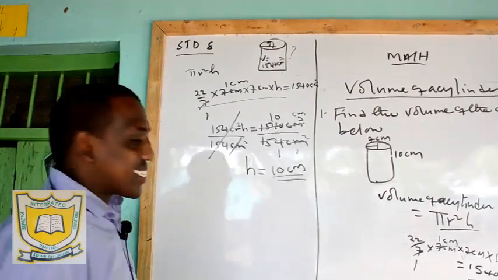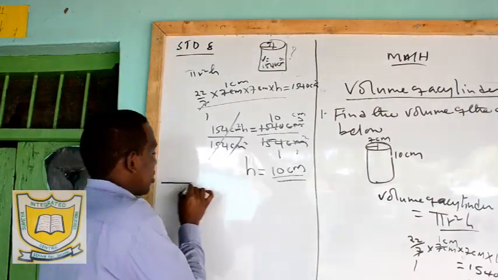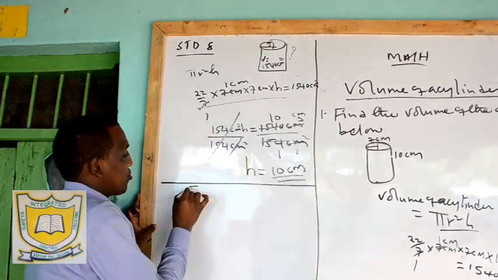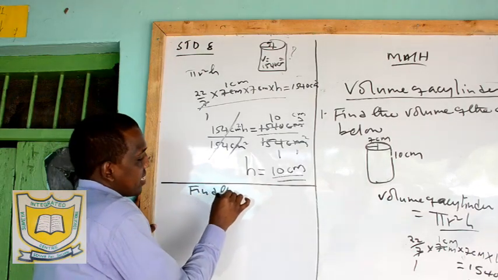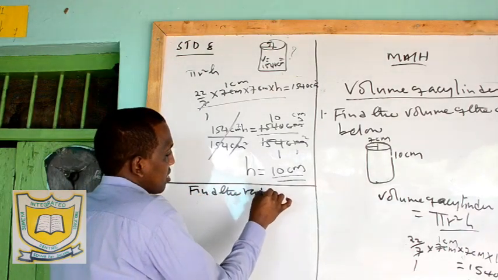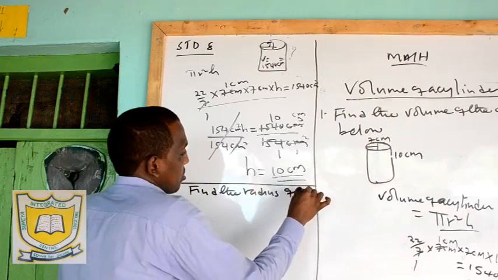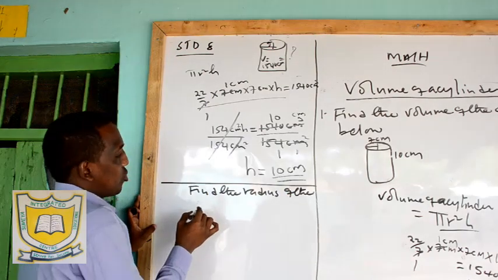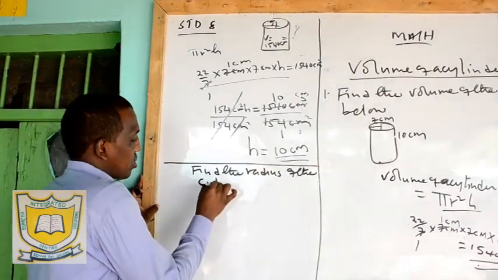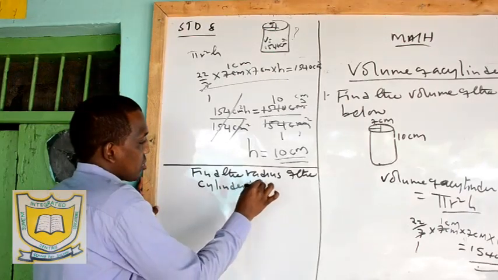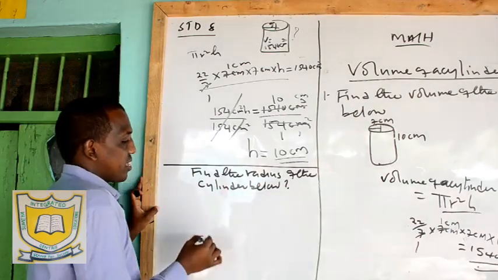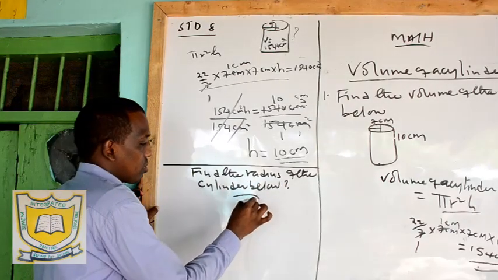Now suppose they ask the radius. If you are told to find the radius, find the radius of the cylinder below.